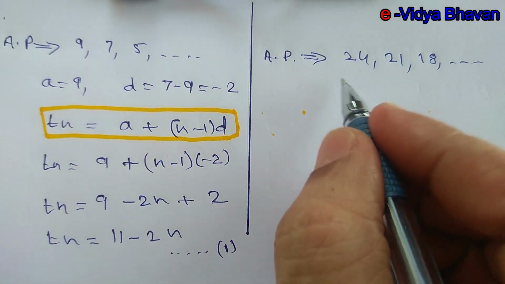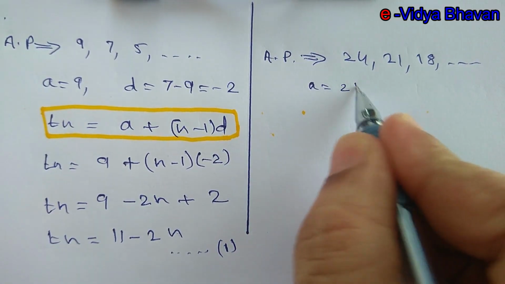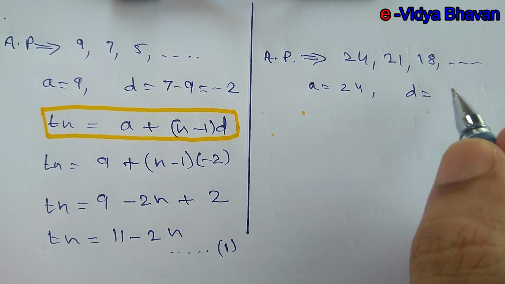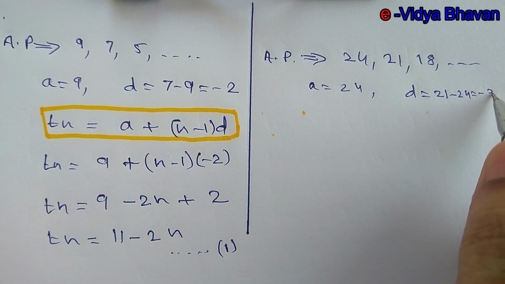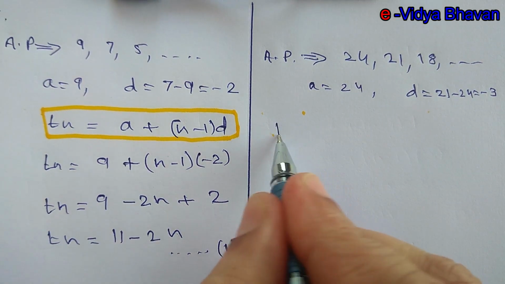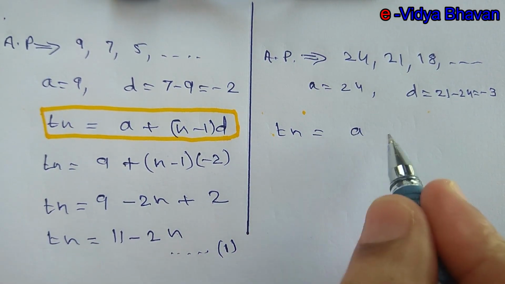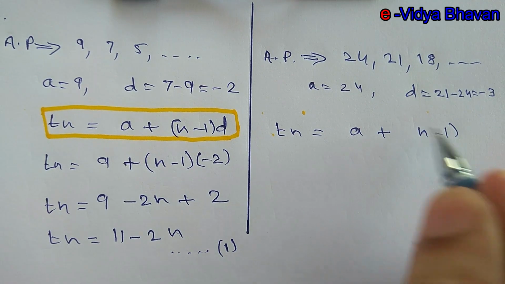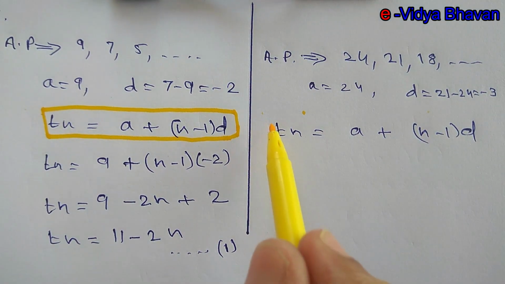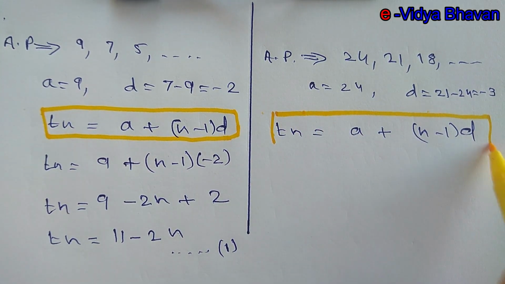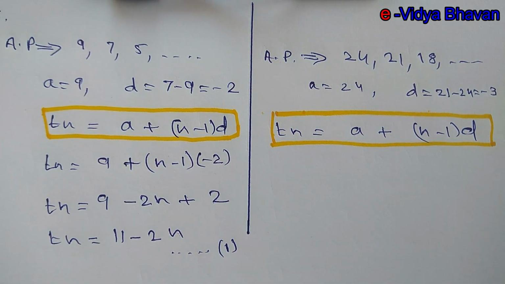The second AP, here also a is 24 and d is 21 minus 24, that is minus 3. Let us take the formula for the nth term, Tn equal to a plus n minus 1 d. Let us substitute the values.